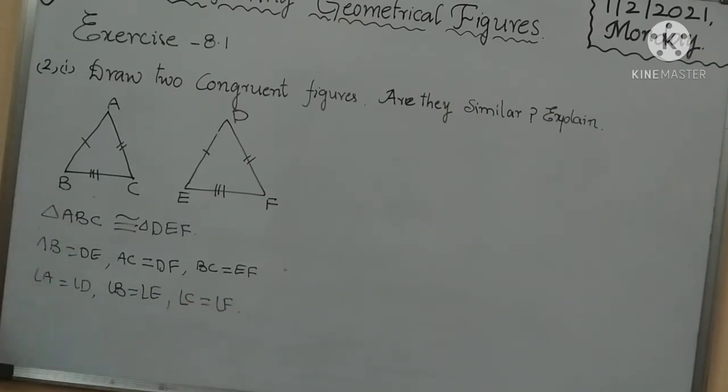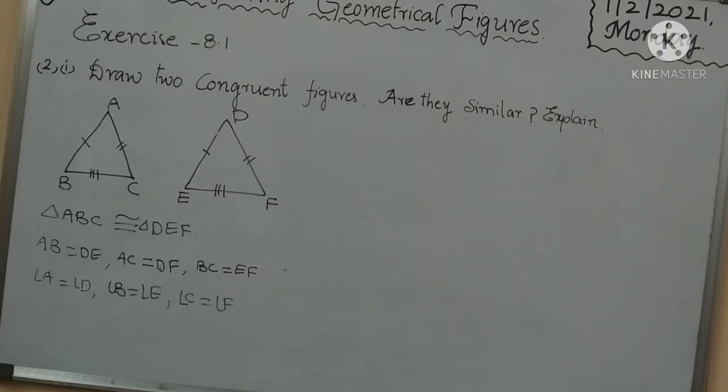Did you understand, children? Are they similar also? Explain means here draw the lines, and the sides are equal and the angles also equal. What is the question? Draw two congruent figures. Are they similar? Yes, similar. All congruent figures are similar, but all similar figures are not congruent.